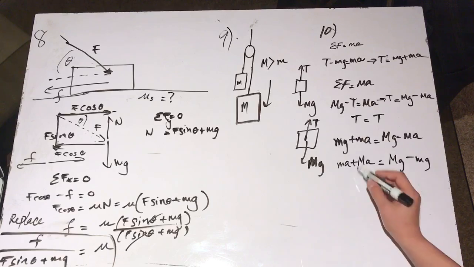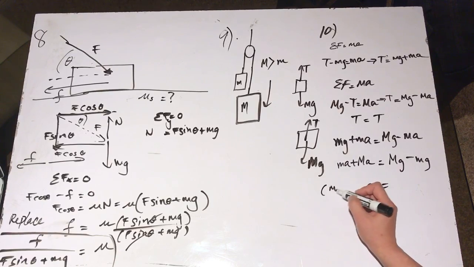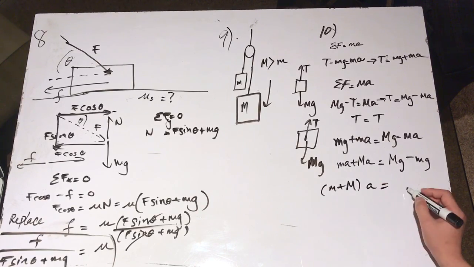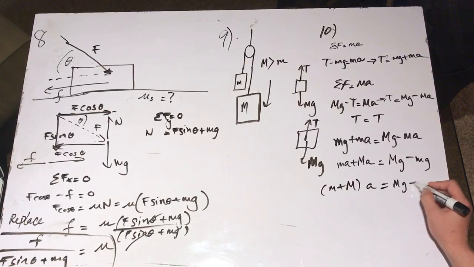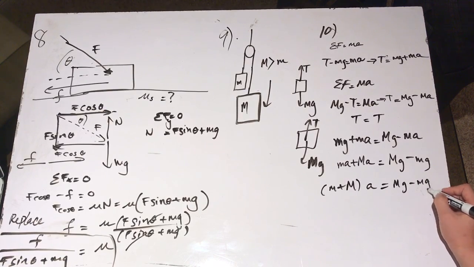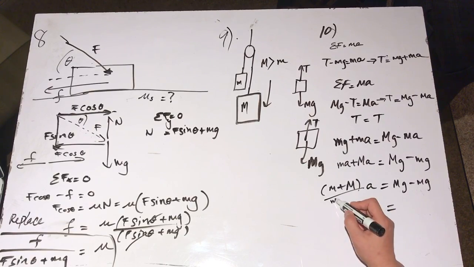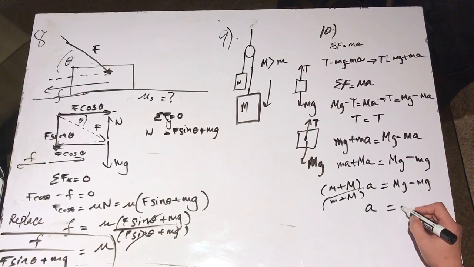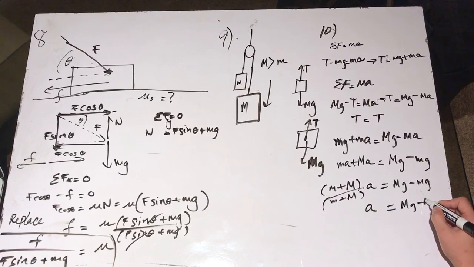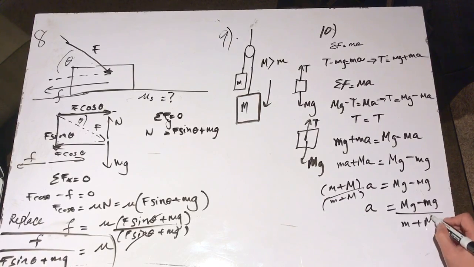And I isolate this, put a outside, so that will be m plus M. So I divide both sides by that: a equals Mg minus mg over M plus m.